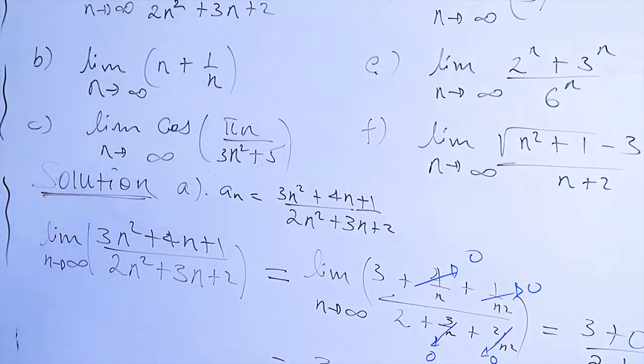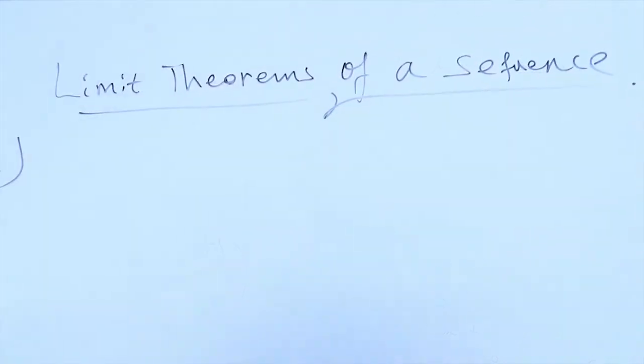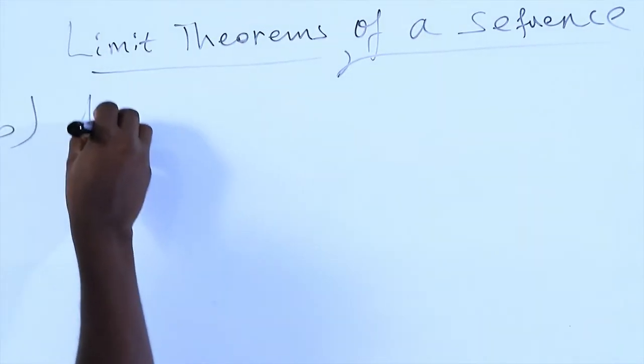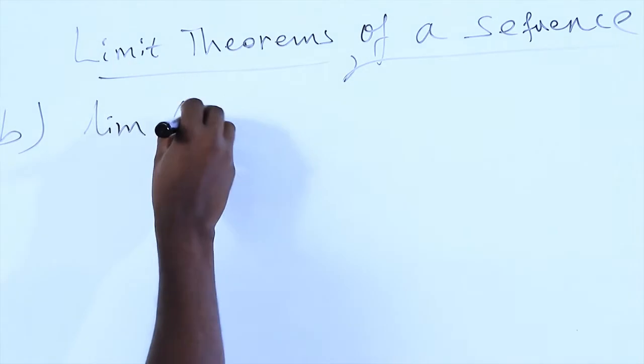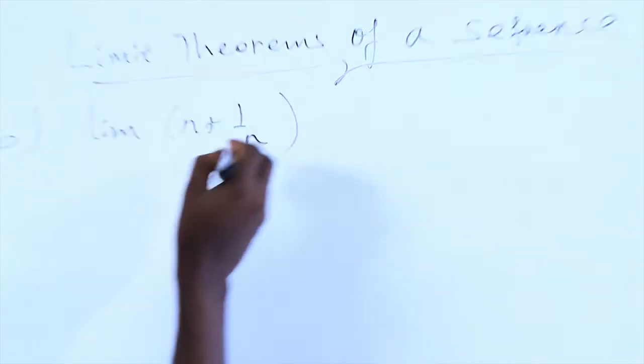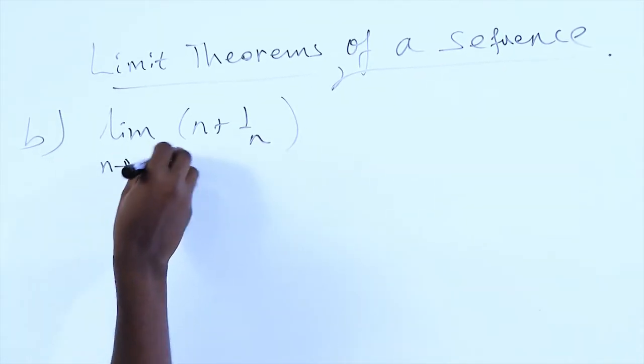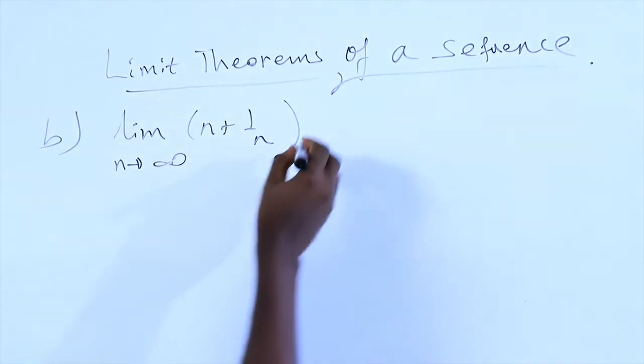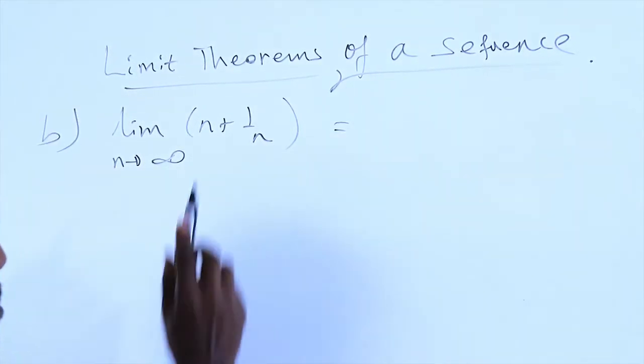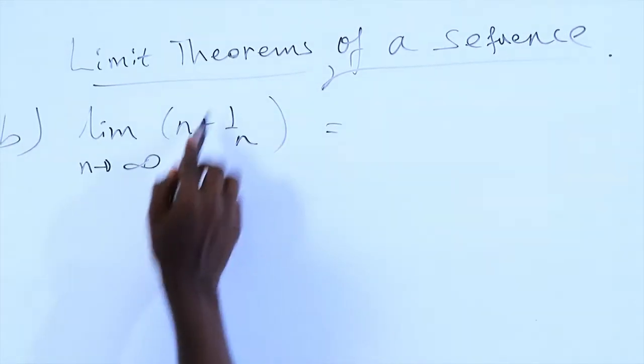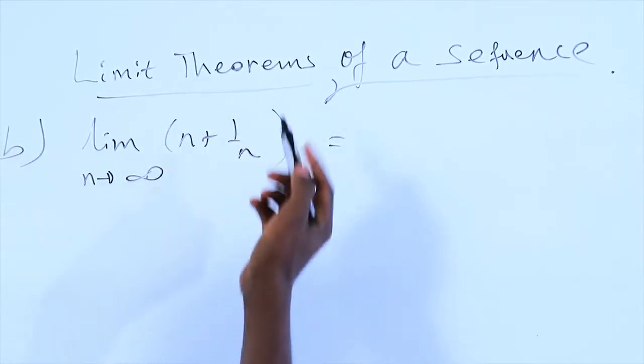This is the limit of the sequence n plus 1 over n when n approaches infinity. Now assume that this is a sequence an and this is a sequence bn, which is the first formula.